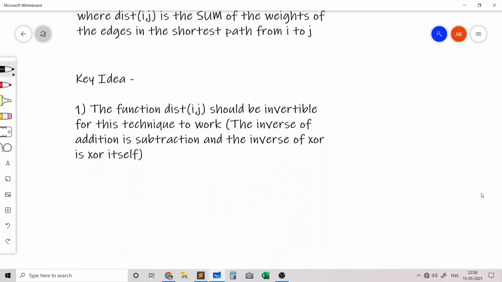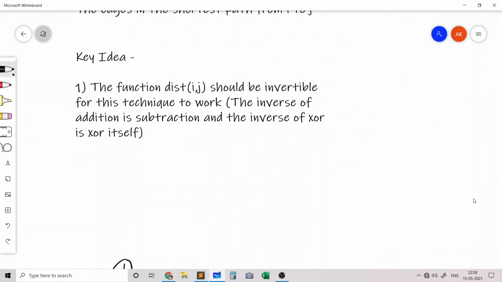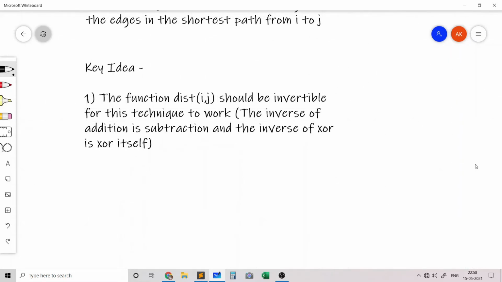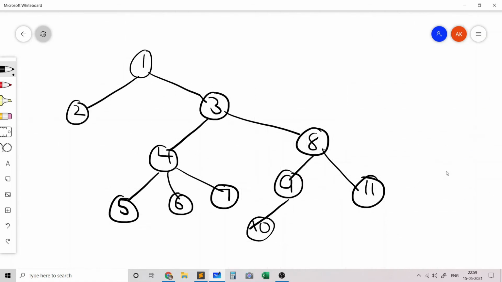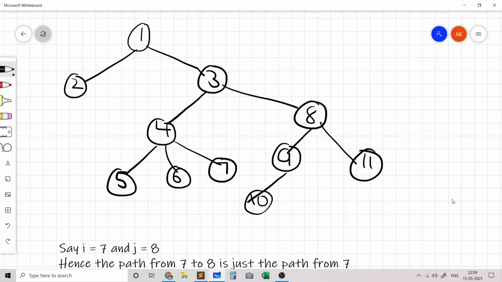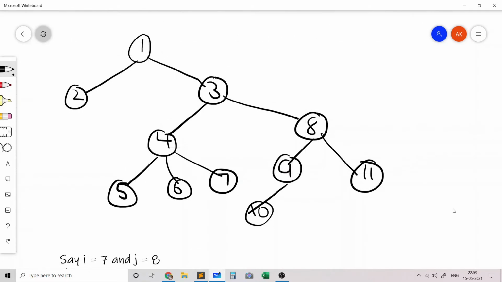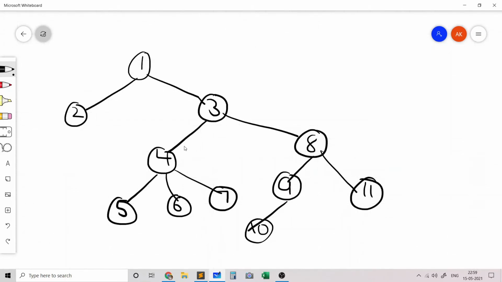Let me explain the first step which you should take and which kills the XOR problem. Let's consider that this is a tree with 11 nodes, and let's say i is 7 and j is 8. So the path from 7 to 8 can be decomposed into the paths from 7 to 3 and from 3 to 8.